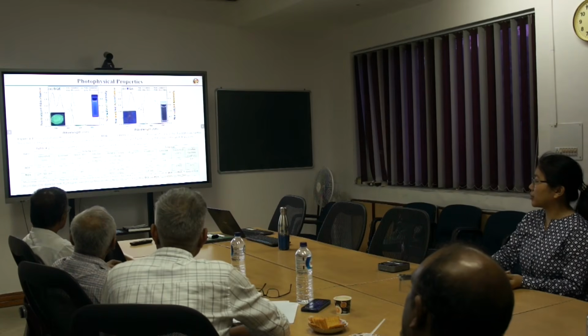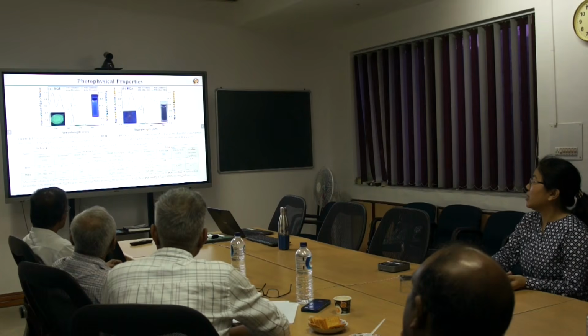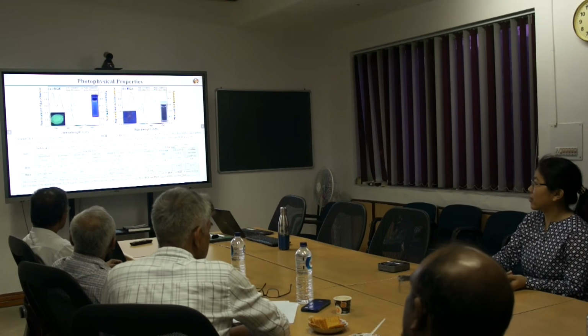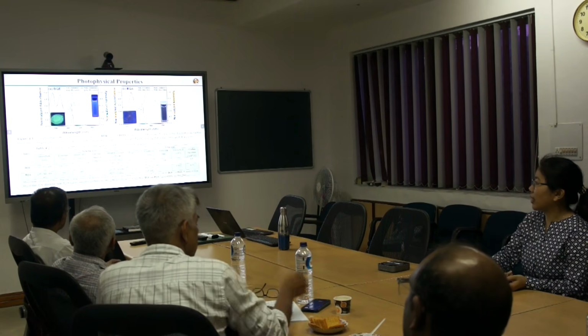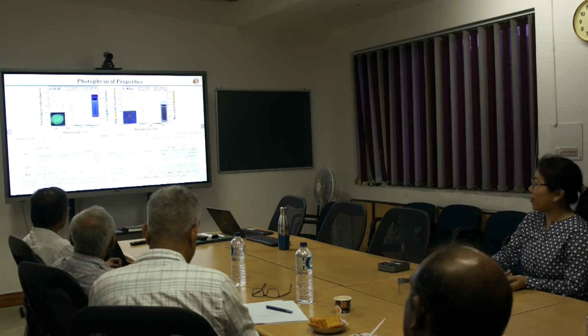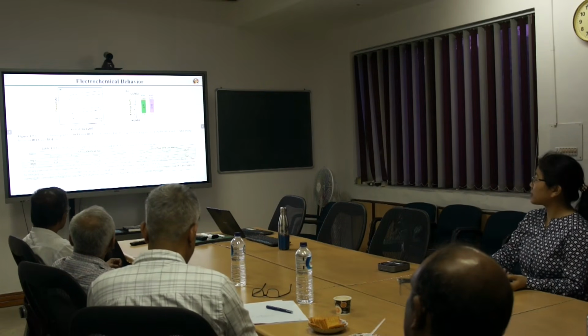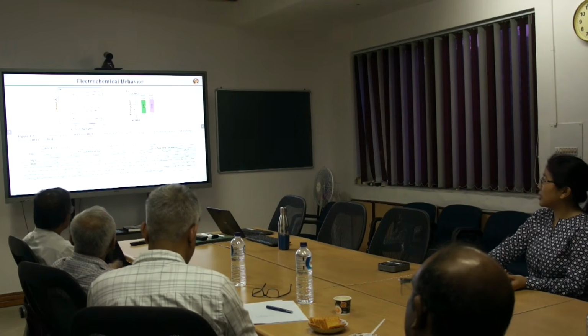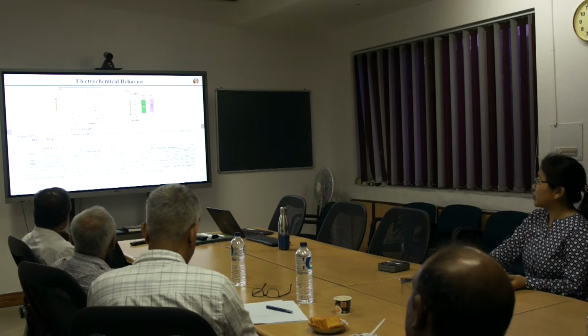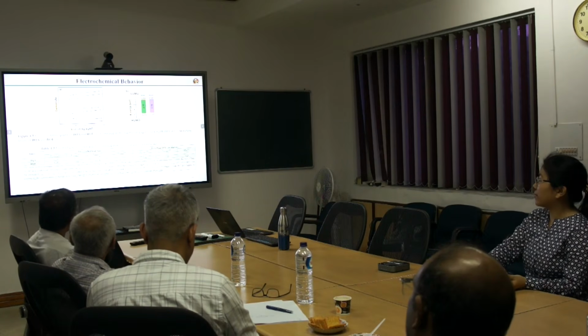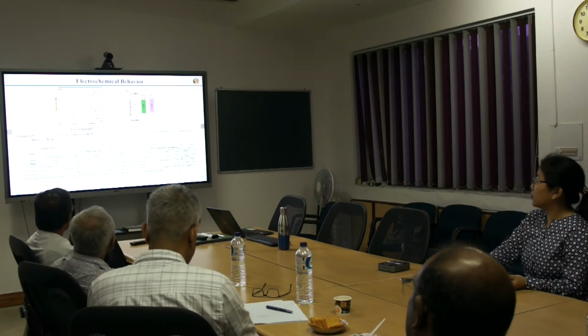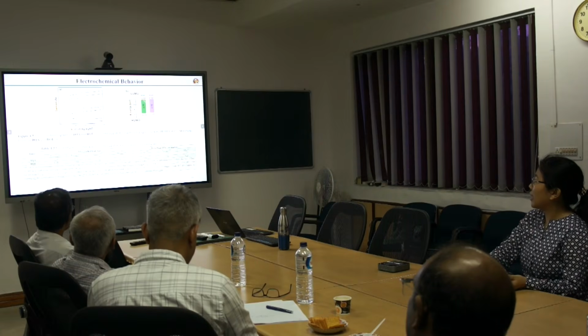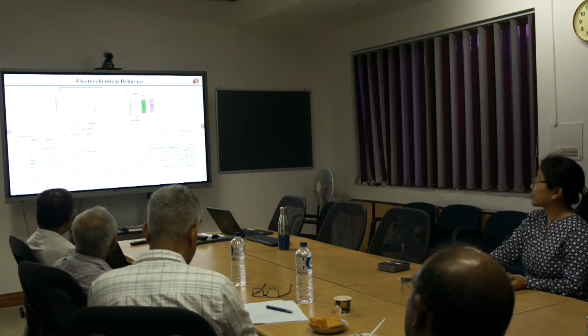So we then determined the absolute quantum yield of the BQE and BQA derivatives. And in solution, the BQE was found to have 55%, whereas BQA, even in solution state, only had 0.38%. From the absorption spectra, the band gap was calculated to be 2.77 and 2.75, and from the cyclic voltammetric study, the LUMO and HOMO were calculated, and the BQE derivative was found to have slightly lesser values than BQA.